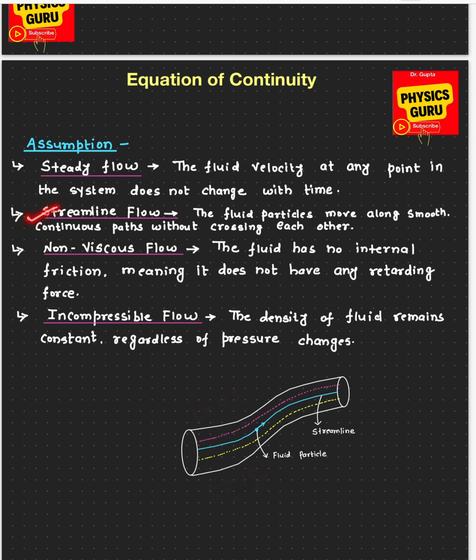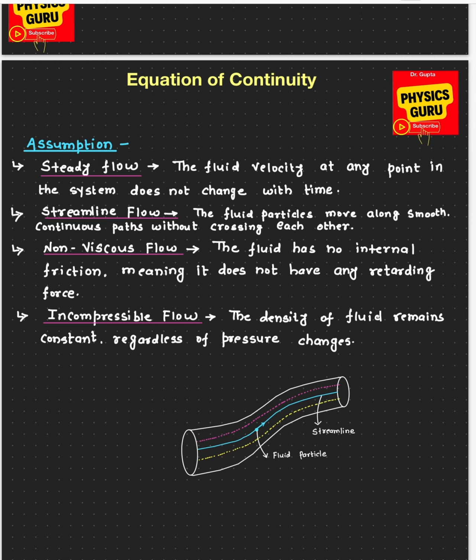And the streamline means the fluid passing through this tube has a well-defined path. That means it moves along a smooth continuous path here, and this smooth continuous path we call a streamline, and two streamlines never cross each other.